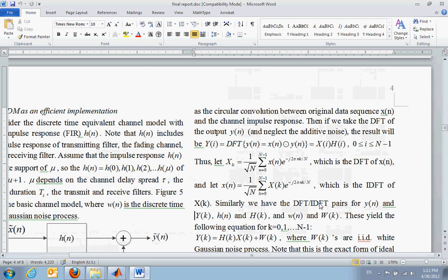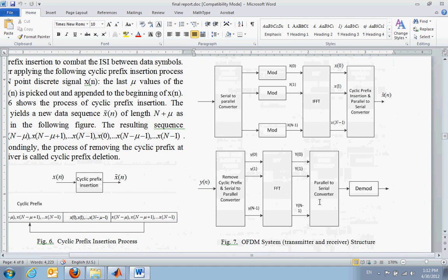Here you can see this is the basic structure of my simulated OFDM system. It's also the typical OFDM system widely used in wireless communication systems.